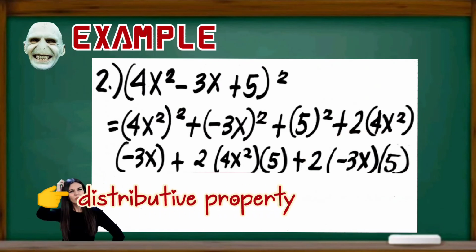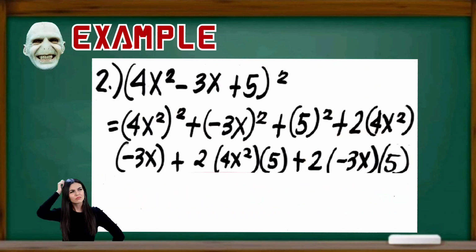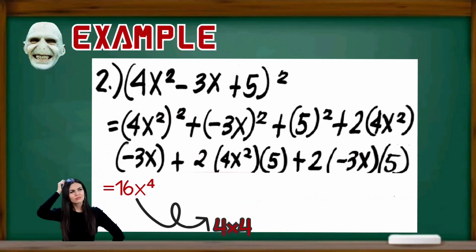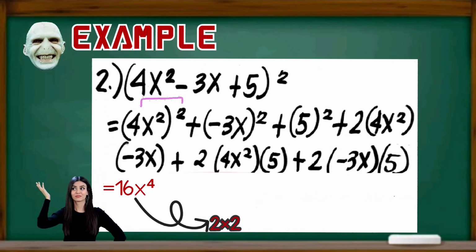So, papasok dito ang distributive property. So, magiging 16x to the 4th power because 4 times 4 is 16, 2 times 2 is 4.